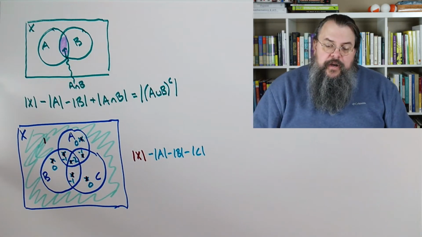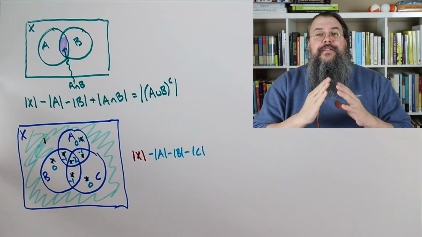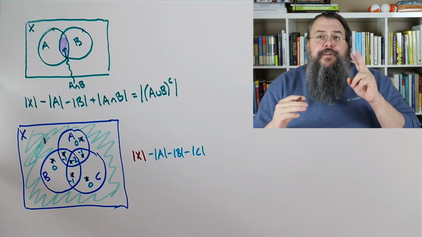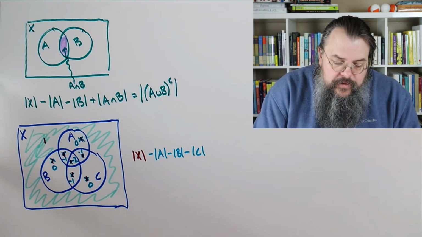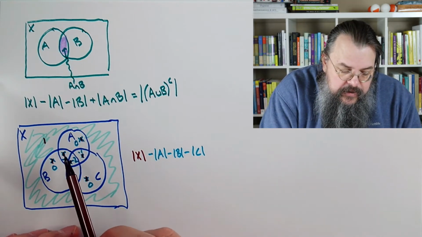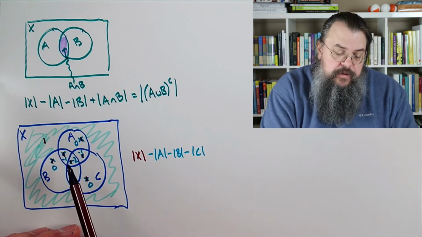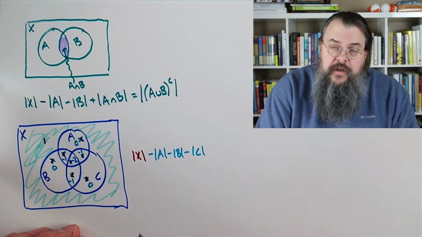Well, no surprise. We say, okay, let's go to our next smaller things. What would be next? Well, what we can do is look at things which are in 2 sets at the same time. So, for instance, we can look at, say, things in A and B. And let's just focus on things in A and B. So this little piece here, we say, oh, right now it's -1.